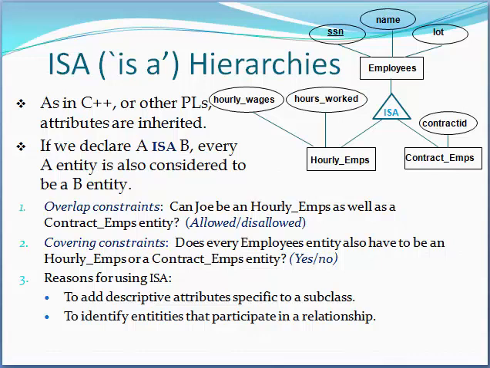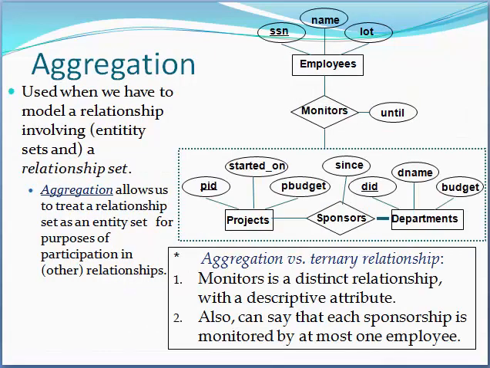Reasons for using this ISA: to add descriptive attributes specific to a subclass and to identify entities that participate in this class. You can see the aggregation between these entities, all over the diagram.